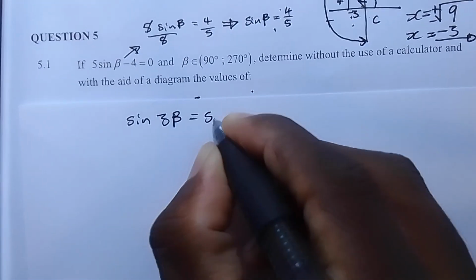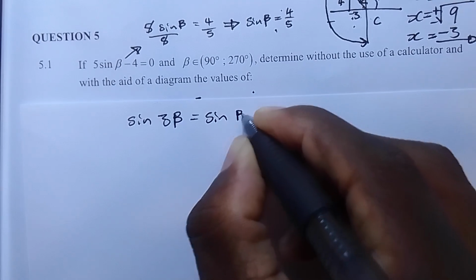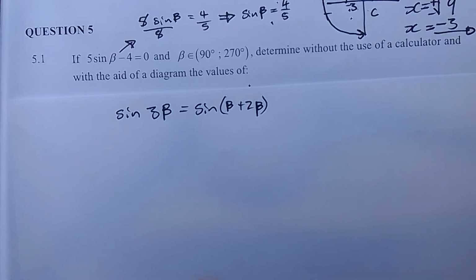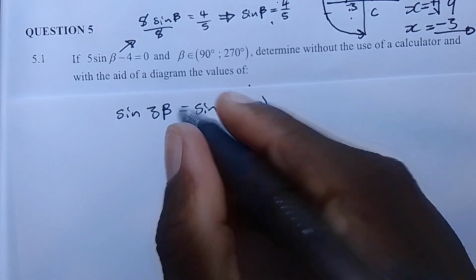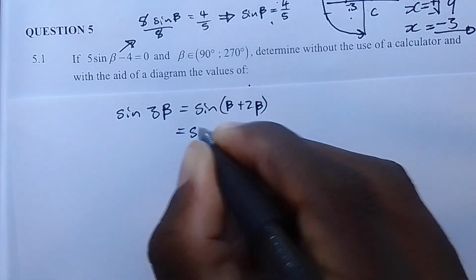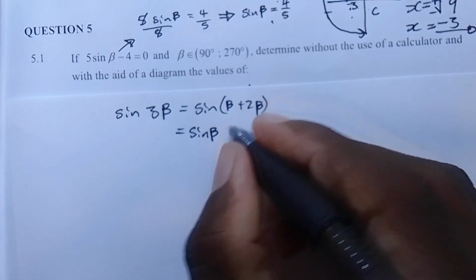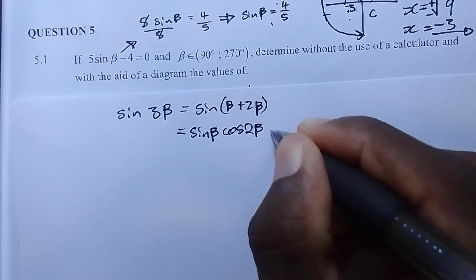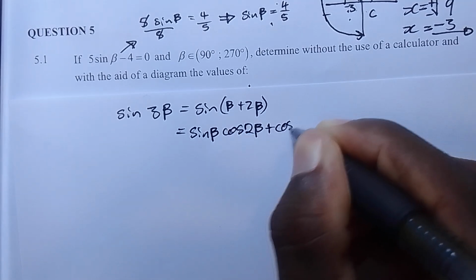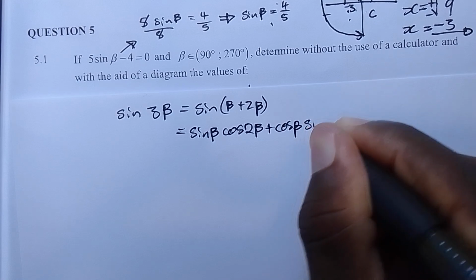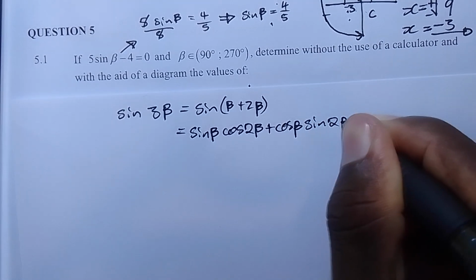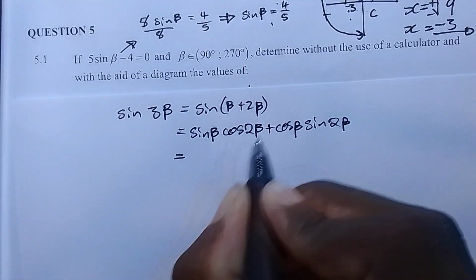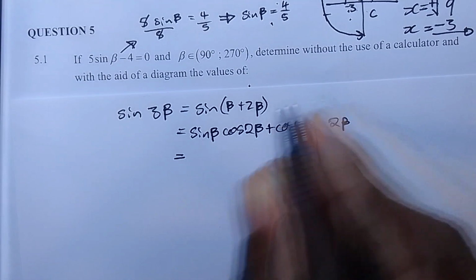So this is sine of beta plus 2 beta, right? Now we apply the double angle for sine. We have sine beta cos 2 beta plus cos beta sine 2 beta. Now we apply the double angle for cos here and the double angle for sine here.